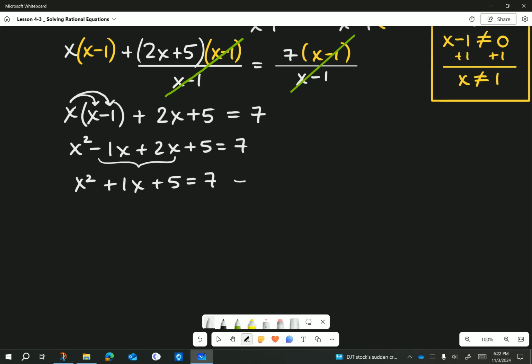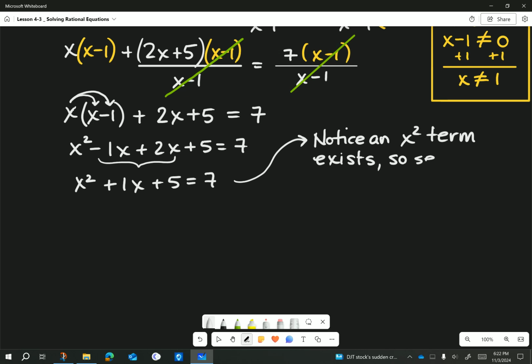Now I want you to notice, make a note over here, notice an x squared term exists. And when that happens, okay, and you are asked to solve an equation, you have to therefore set the equation equal to 0 so that you can solve, okay? And right now my problem is set equal to 7.